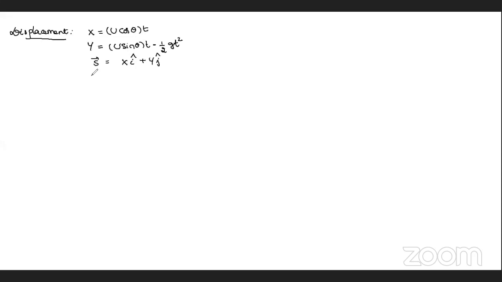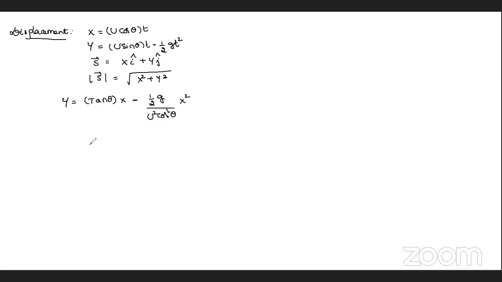And its magnitude also, we solved one numerical related to it: root of x square plus y square. And most importantly, the relation between y and x also we discussed. That is y is equal to tan theta into x minus half g by u square cos square theta into x square.